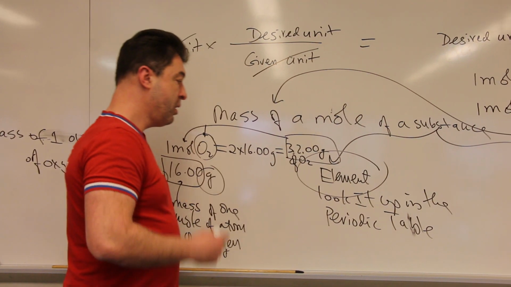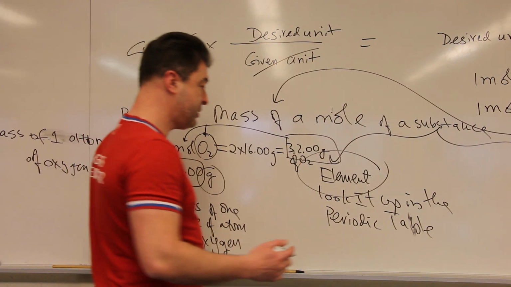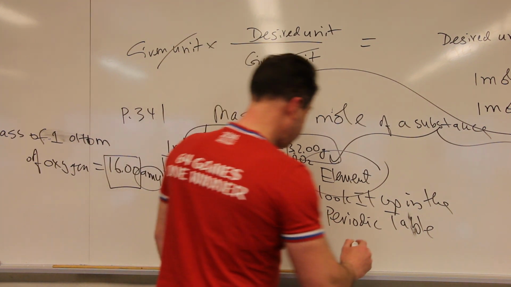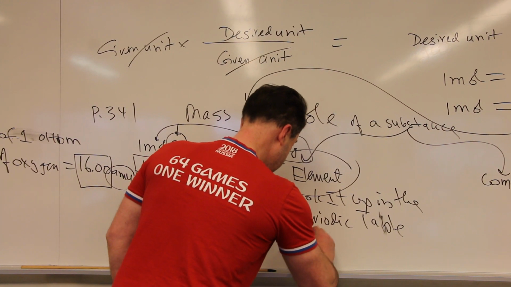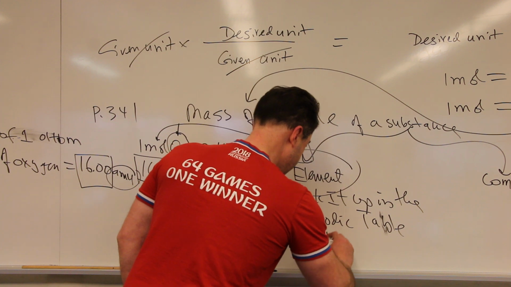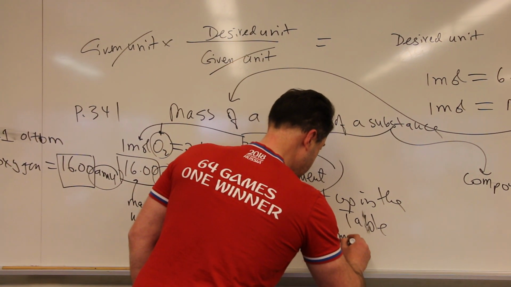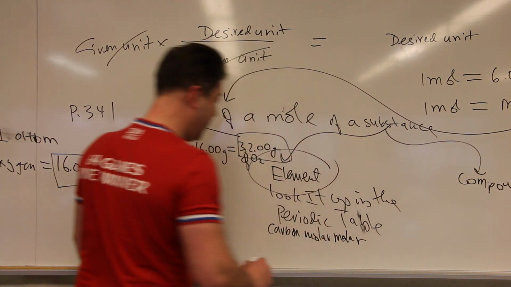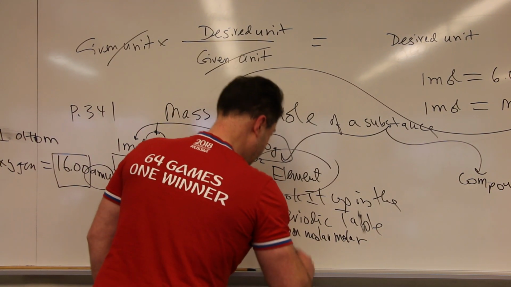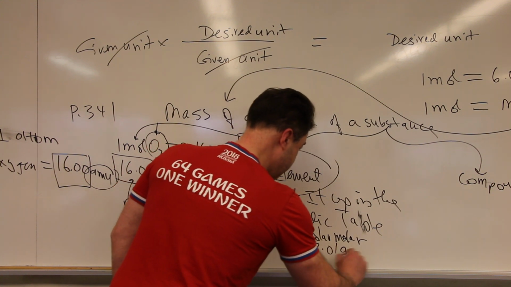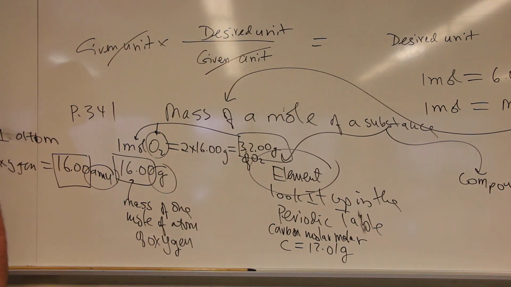Let's say I need the molar mass of carbon atom. Carbon molar mass. Since carbon by itself, all you have to do is pick it up from the periodic table and say 12.01 grams.